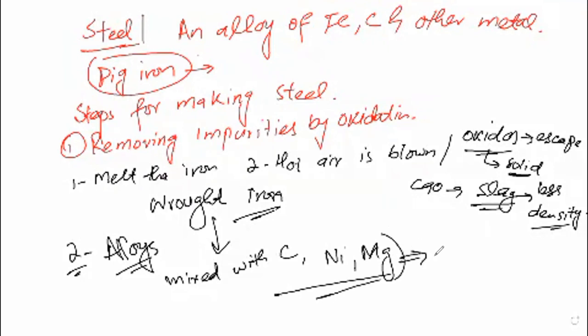Now we are going to discuss the types of steels. Actually we have four types of steels. The first is called mild steel.